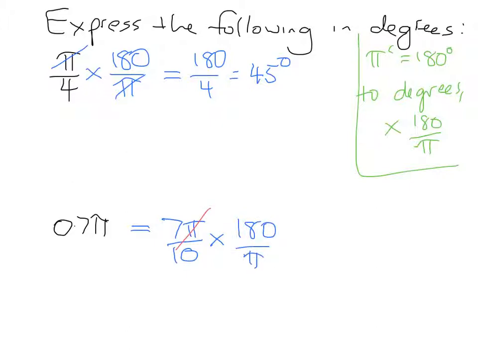Our pi's will cancel down, and 10 goes into 180 18 times. So we're now going to be left with 7 times 18, which is equal to 126 degrees. So the last one that we have here, 0.7 of pi is equal to 126 degrees. Okay, I hope you find that useful.